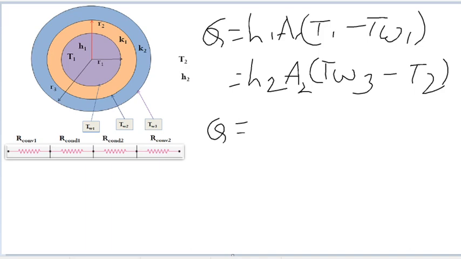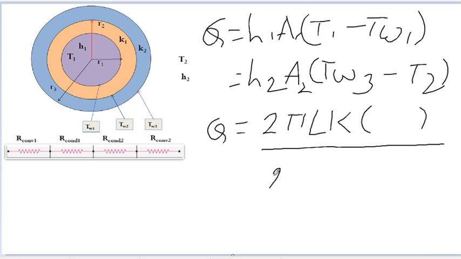It is important to write the equation for the cylinder, and the general equation for the cylinder is 2 pi L K times the temperature difference upon ln of R by R. So here 2 pi L K, K is what? First I am taking this surface, and calculating the heat transfer between this portion.